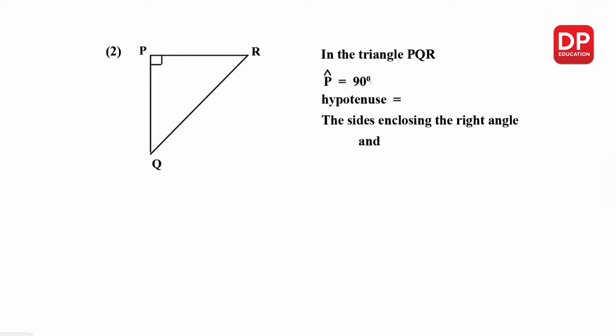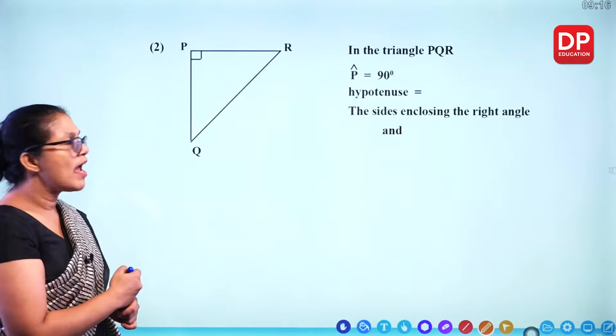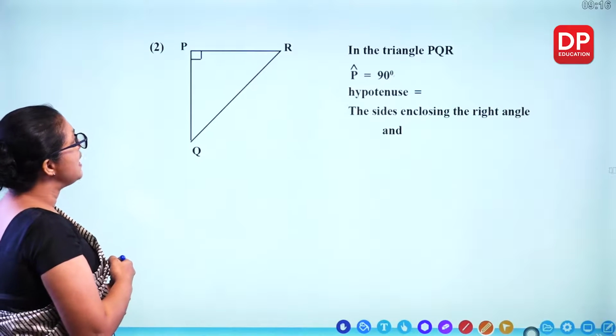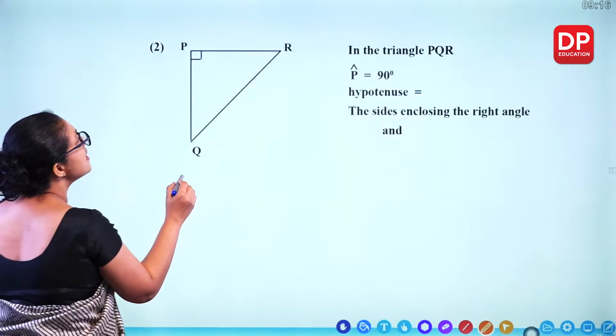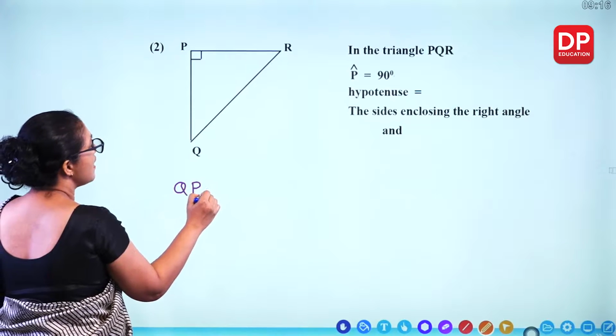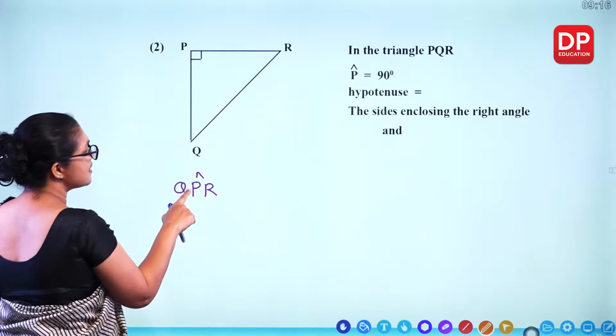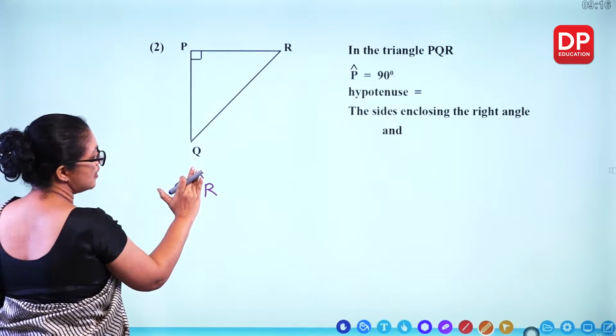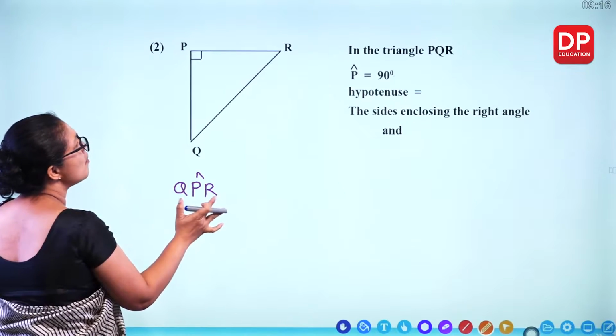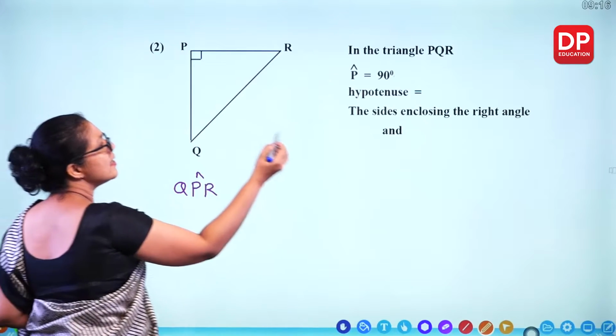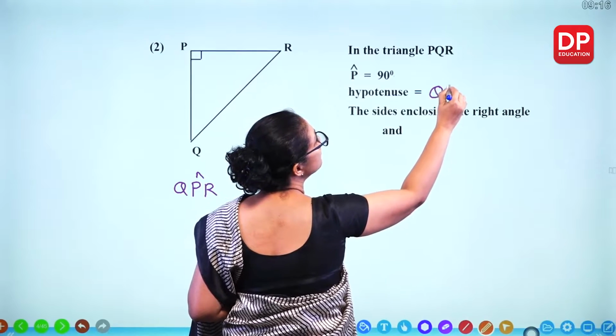Look at this triangle PQR. Which angle is 90? P angle. Or you can write QPR angle is 90. So what's the hypotenuse? Close P, you get QR. So QR is the hypotenuse.